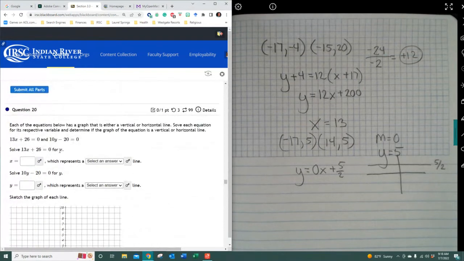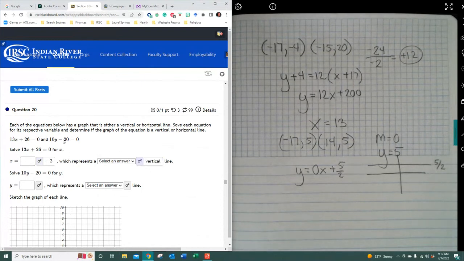Now, you have solving this right here for x. Okay, so in other words, subtracting 26 from both sides, dividing it by 13, and you get 2. All right, of course it's -2, which represents the vertical line.